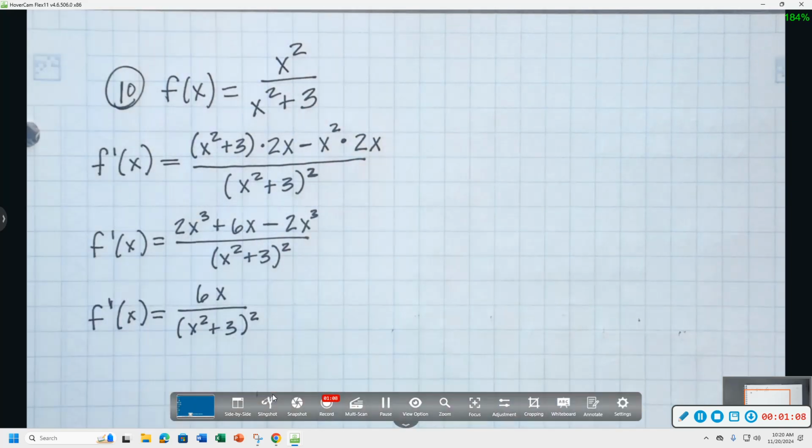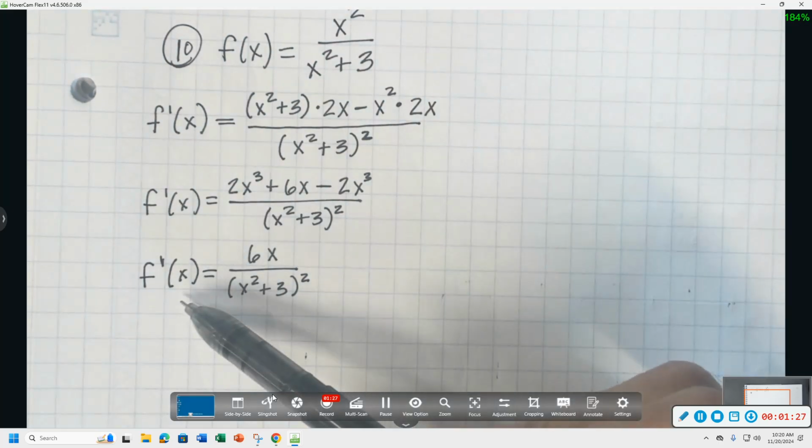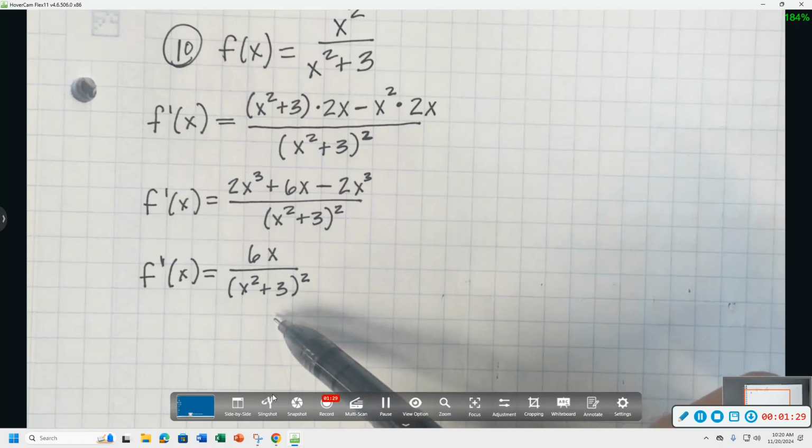Now, in the world of AP Calculus on exams, you are going to come across quite a few rational functions like we have here, fractions, where we have to think carefully about what's happening with the derivative. The derivative is going to be undefined if the denominator is 0.